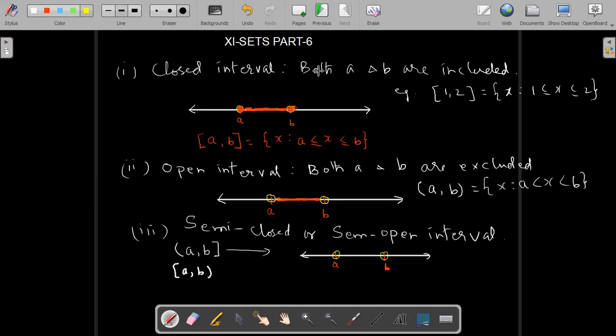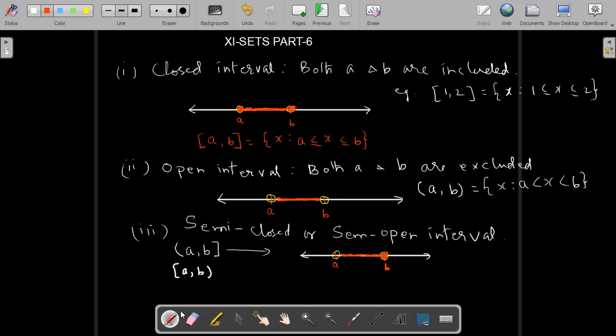The left side is not included and the right side is included, so we fill the right circle, not the left one, and darken this part like this. That's it.